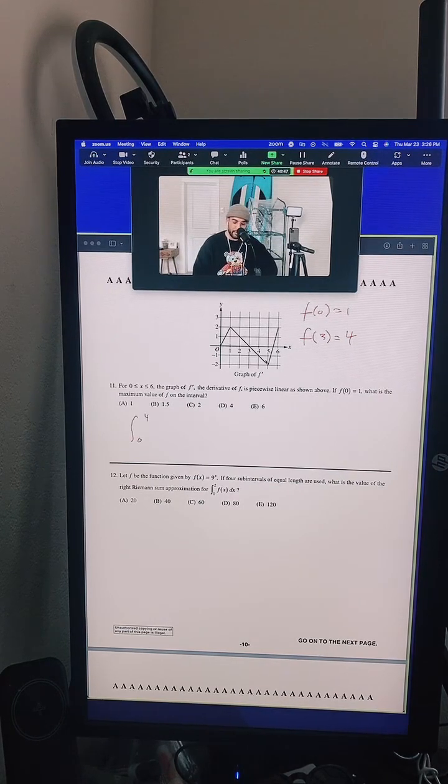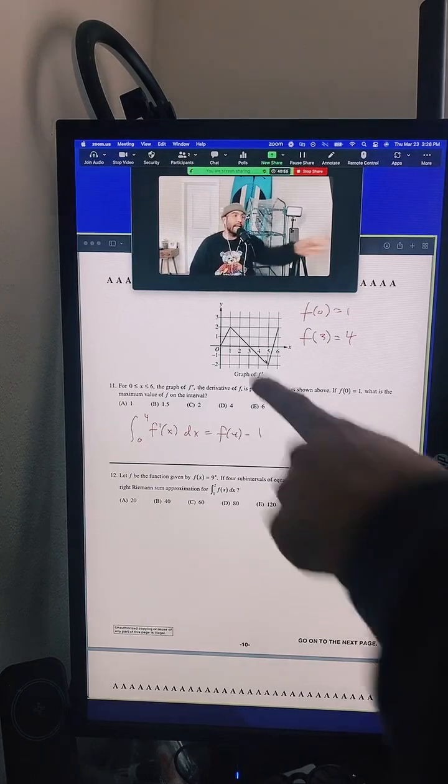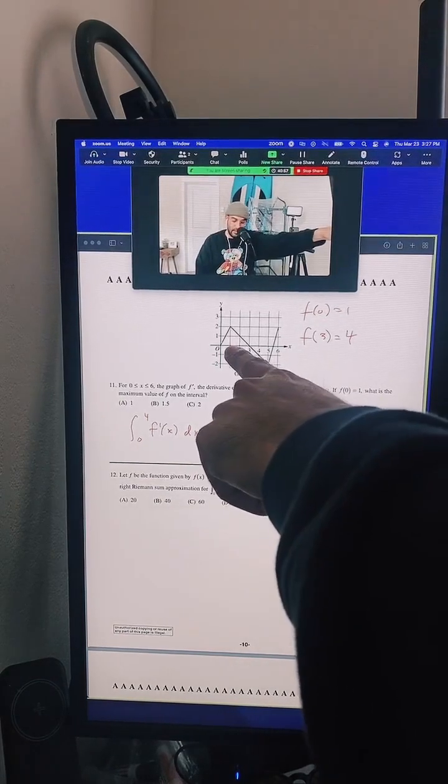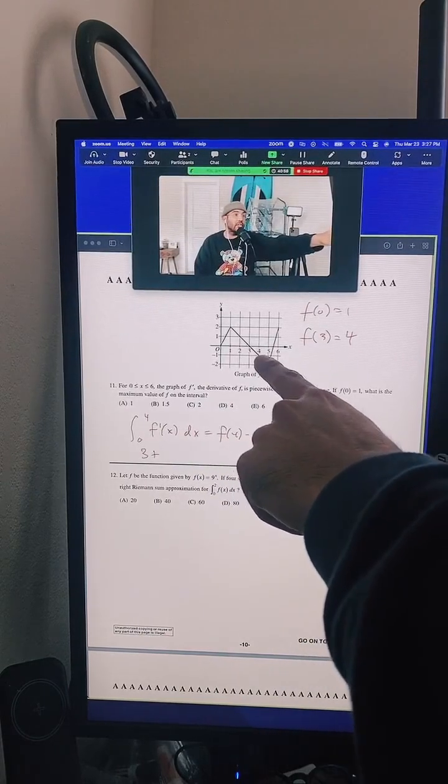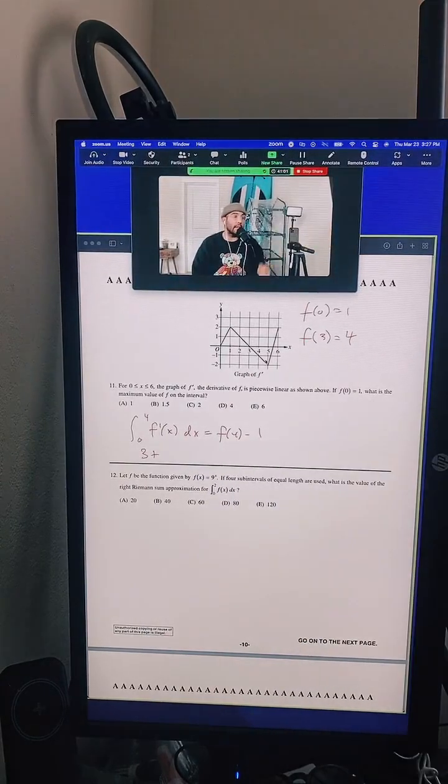Because if we do the area of 0 to 4, it's gonna be f of 4 minus f of 0, which we already know is 1, and this area we said was 3, plus just this little triangle here, which is gonna be just negative 1/2.